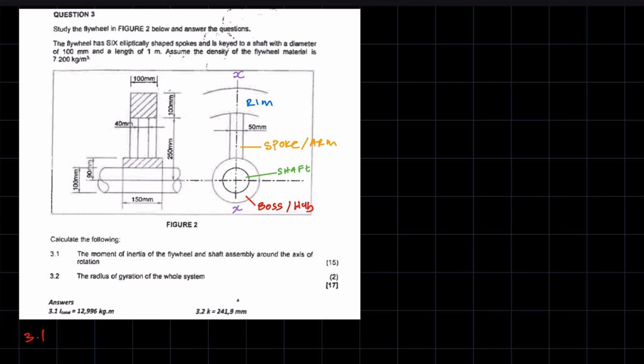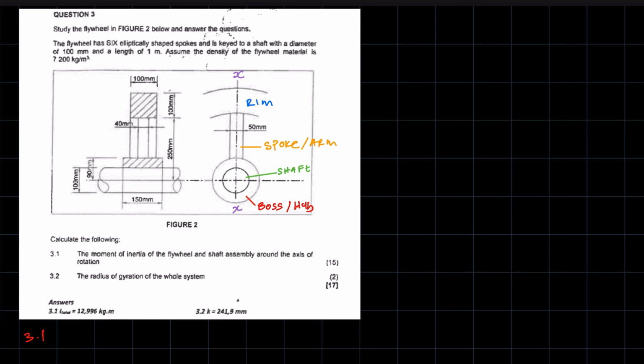Now, the way we go about such problems, we have to calculate the mass of each part. We need to calculate the radius of gyration of each part, because normally for such problems, they want us to calculate the total mass moment of inertia.